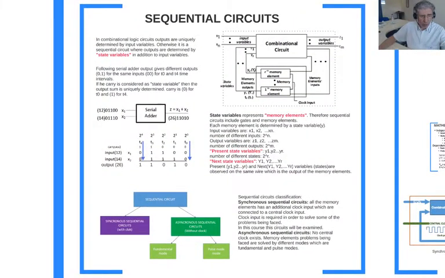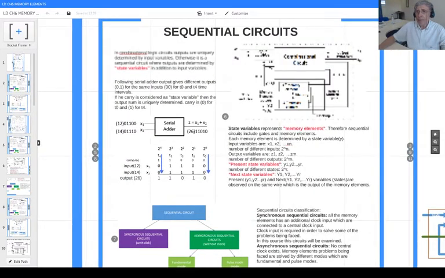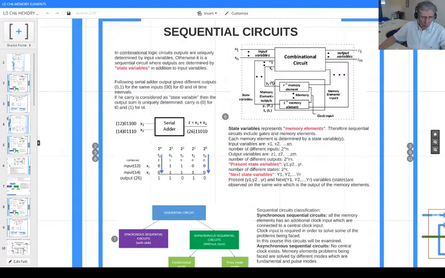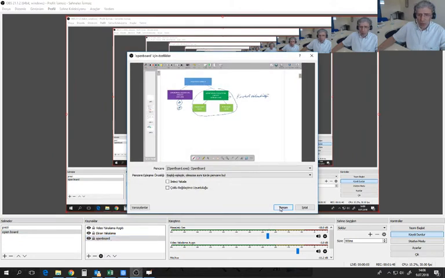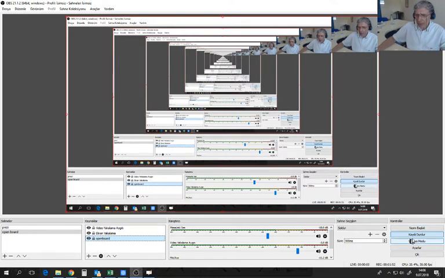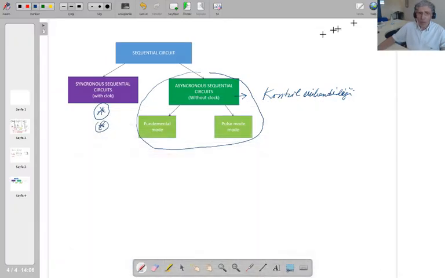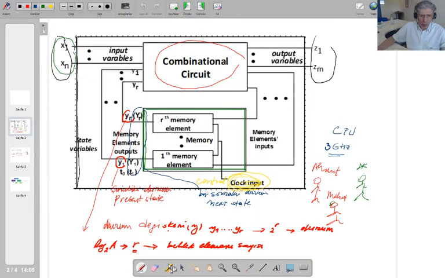So let's move to the open board from here. Now let me clear it while explaining.